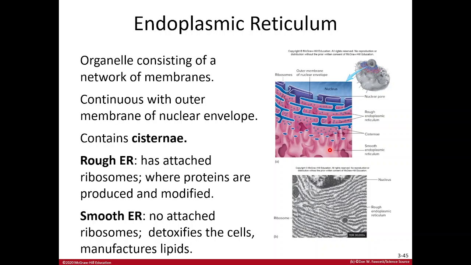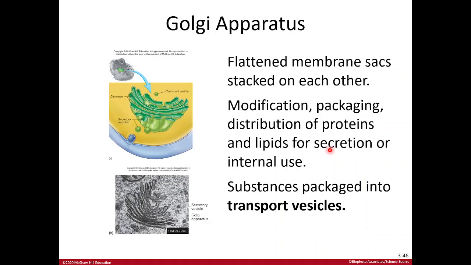And that's why in this transmission electron micrograph, it doesn't show a rough appearance. Now, the function of the smooth endoplasmic reticulum will be to detoxify the cells from drugs and alcohol, and also to manufacture lipids, like it will help us to make the plasma membrane.